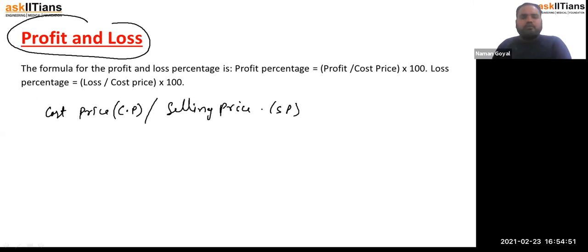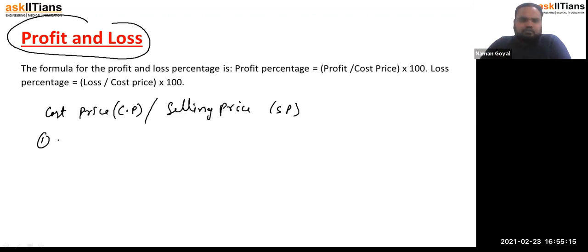Cost price is the amount at which a shopkeeper buys any item. And selling price is the amount at which the shopkeeper sold any item.